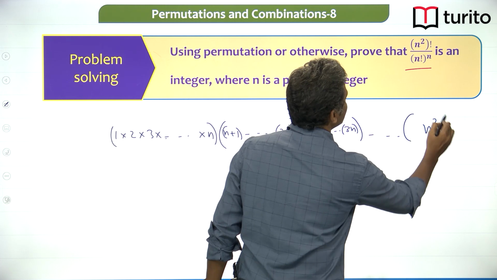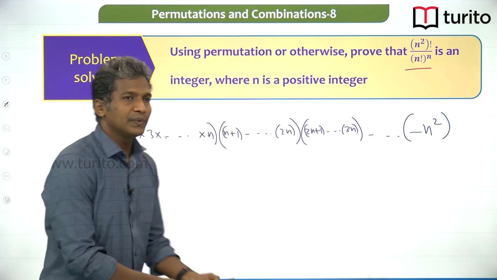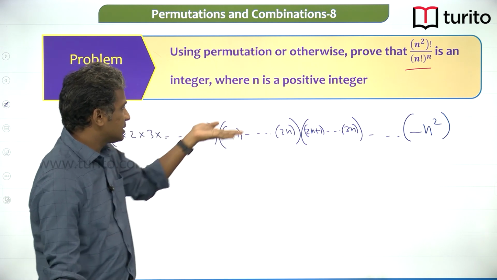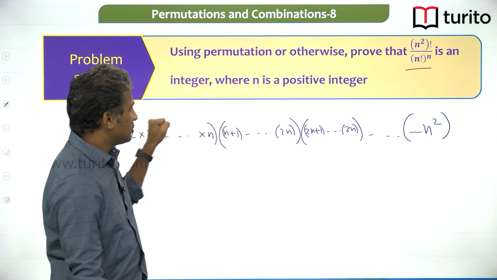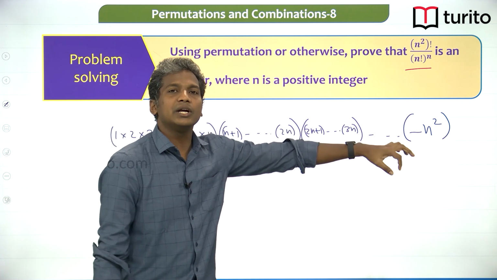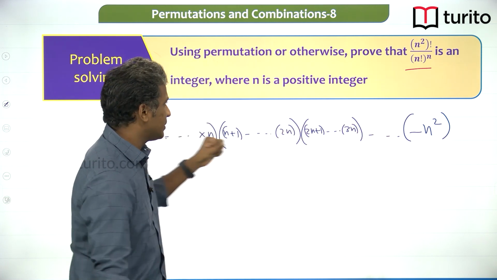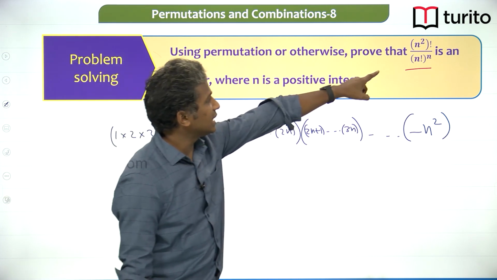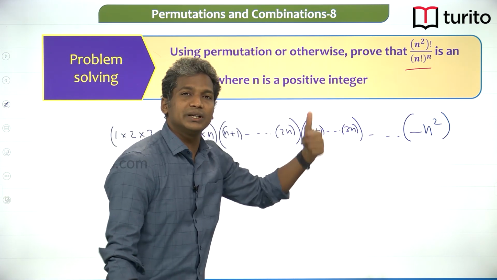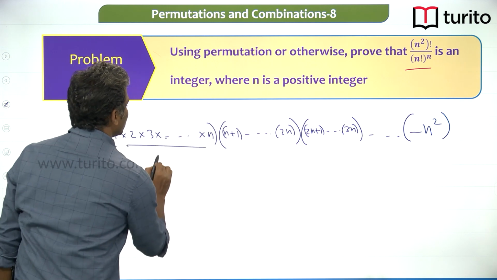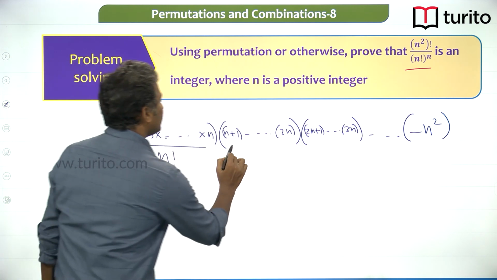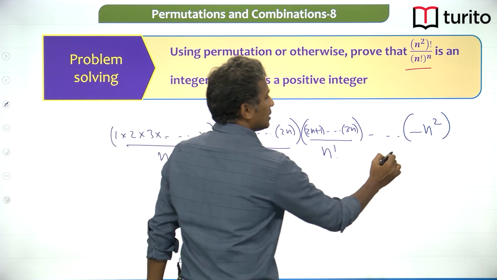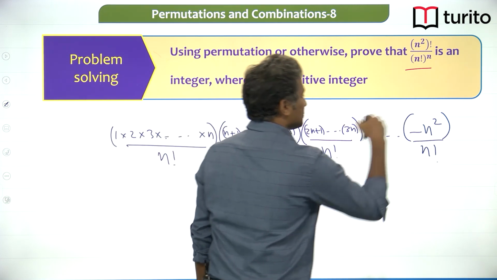Now like this, how many such groups of n consecutive numbers are there? Total n such groups, right? This is first, this is second, this is next. So n numbers here, n numbers here, n numbers here, and total n square numbers are there. That means there are n such segments, okay? And there is n factorial raised to n in the denominator. So give one n factorial to this product, give one n factorial to this product, and give the last n factorial to this product.